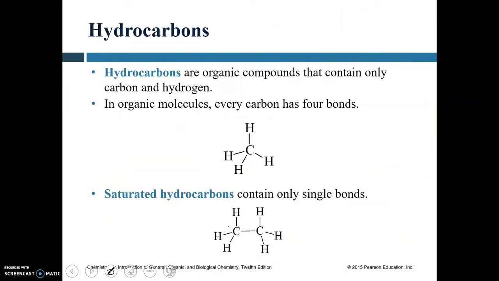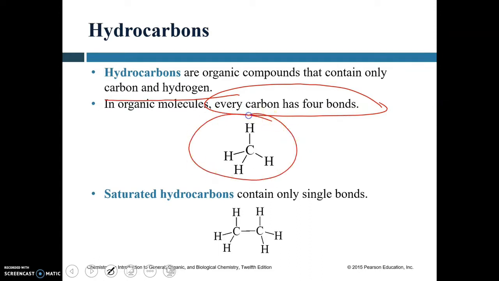The first type of organic compounds that we're going to talk about are hydrocarbons. These are organic compounds that contain only two types of atoms, carbon and hydrogen. The distinctive feature of carbon in organic compounds is that every carbon has 4 bonds.